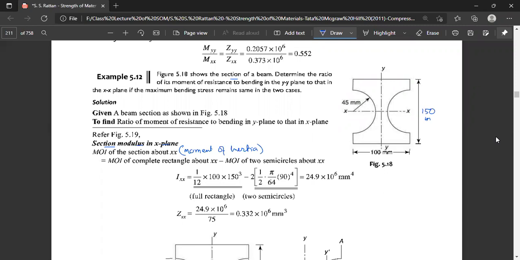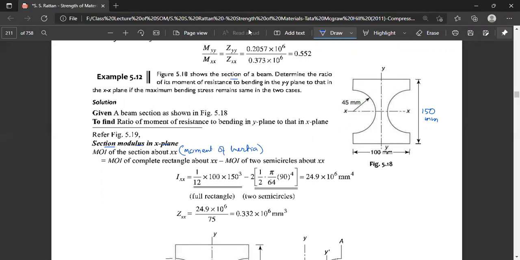And this is a semicircle of 25 millimeter diameter, and the same on the right side. So the moment of inertia of these two, each multiplied by 2, will be subtracted from the moment of inertia of the full section.